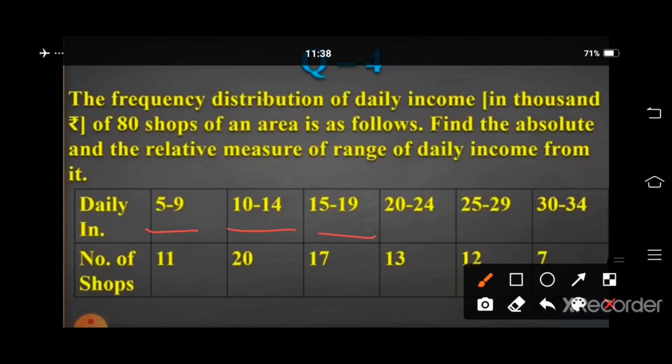Here we have to find out lowest observation and highest observation for the calculation, as we need the absolute measure and relative measure. Number of shops is not useful for us in the calculation.